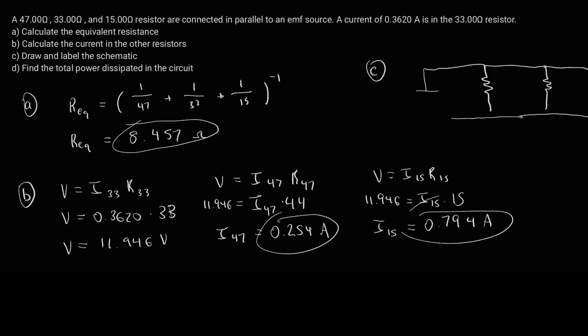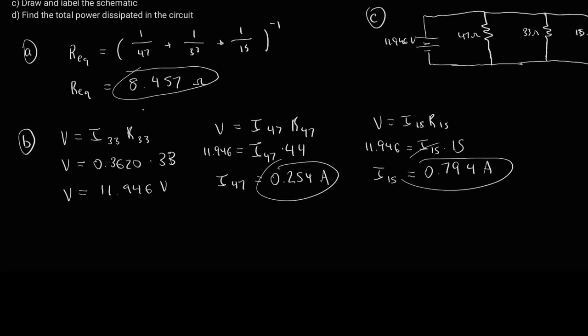And then we'll have the battery. We can label it too. This will be our battery, which we know is 11.946 volts. This will be 47 ohms, 33 ohms, and finally 15 ohms.